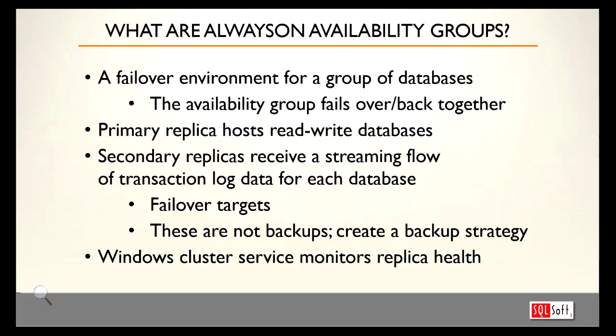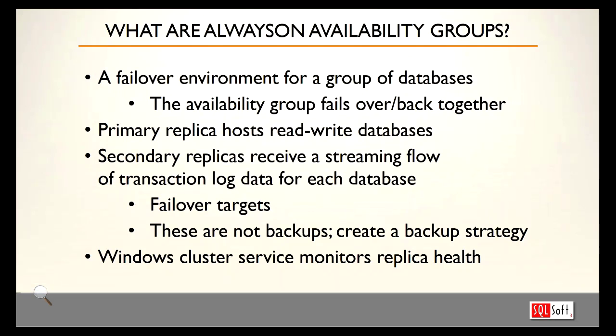The primary replica is where our writing takes place. So we are going to be writing to that primary replica, those databases in the availability group, and then that data is going to flow in the form of transaction log data out to the secondary replicas.